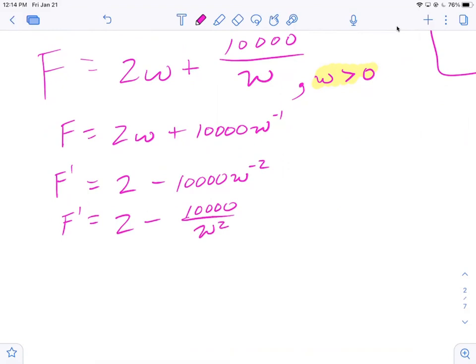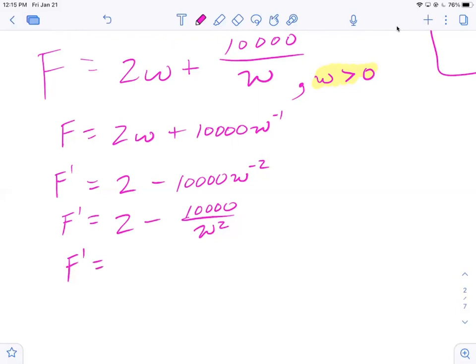Now that's not a bad version to use, but remember from the previous sections, we're going to use it to find where the critical values are, and possibly for a number line chart. If you ever have multiple terms and at least one of them is a fraction, it's probably best to get it as a single fraction. Okay, so let's take a little bit of time to do that.